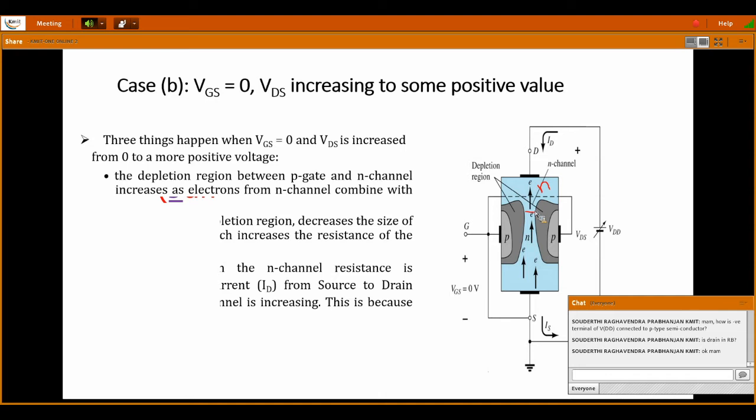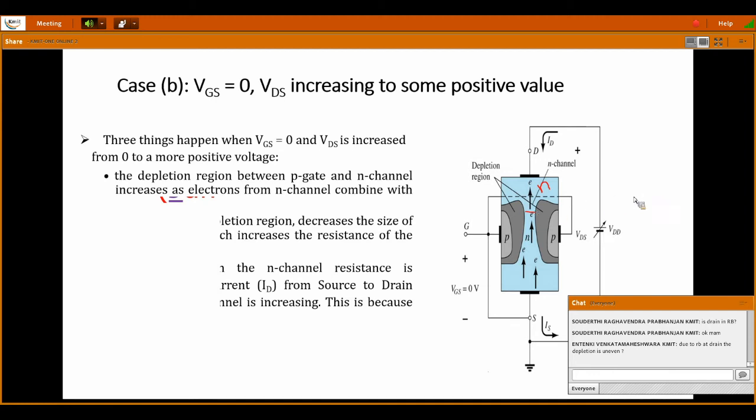Since the path is being reduced, the current will be opposed more. Due to which, the voltage drop near the drain increases.